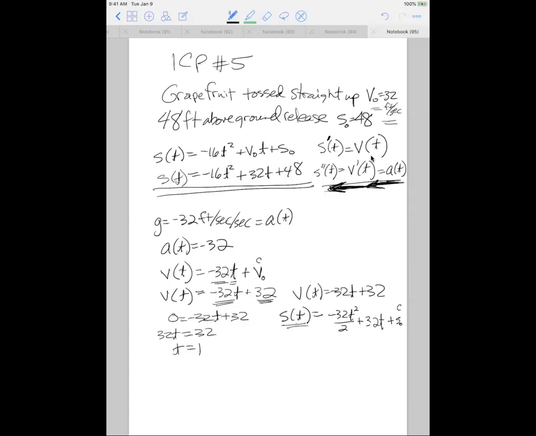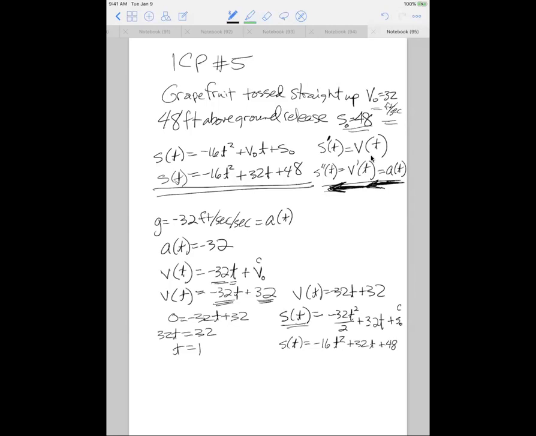So we recognize we started at the top of a building. So s of t turned out to be negative 32 over 2, which is negative 16t squared, plus 32t, where 32 is the initial velocity, and the initial height above the ground was 48 feet.